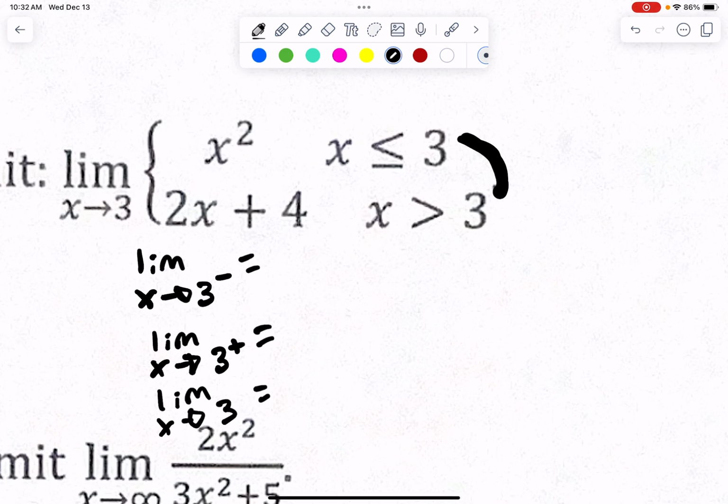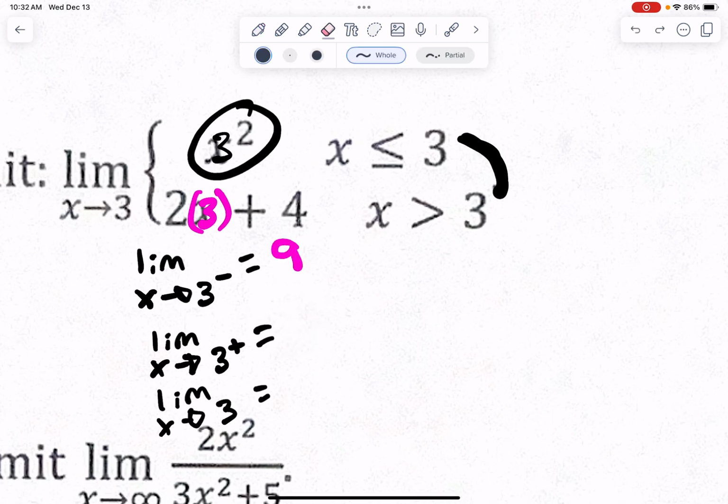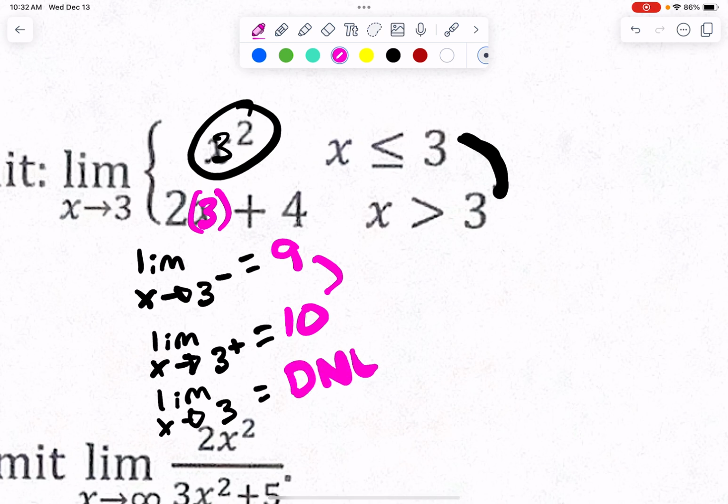3 from the left would be less than 3. So I'm going to plug 3 in here, and 3 from the left is going to give me a limit of 9. Let me write that in a different color, 9. If I go 3 from the plus side, that's greater than 3, so I plug 3 in here. That is going to be 10. Uh-oh. Those are not the same number. They cannot agree on the same number, so this is going to be a does not exist. Again, if they were both the same number, like if this was 9 also, then my limit would be 9, right?